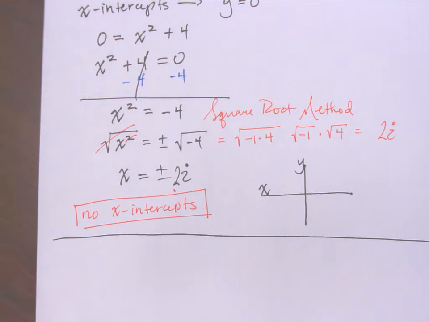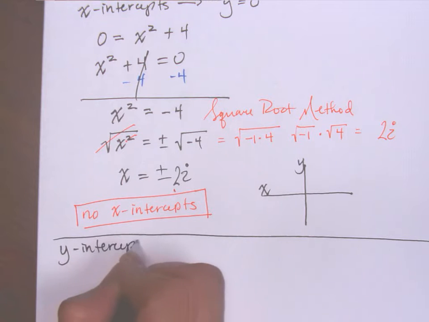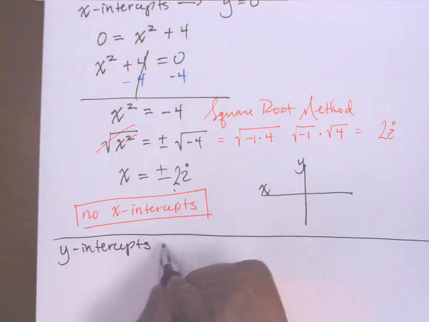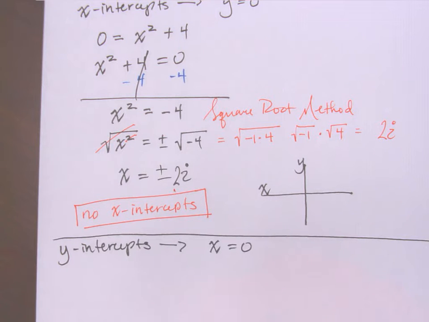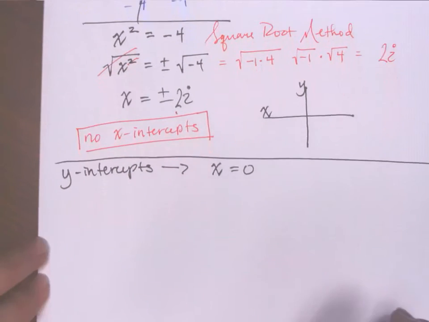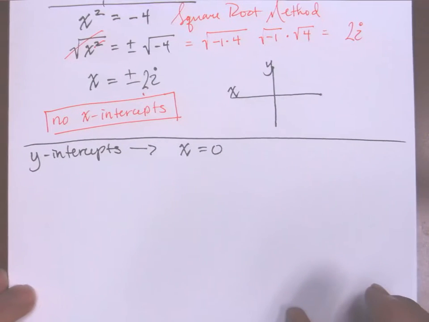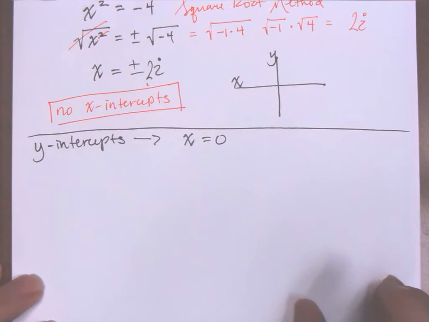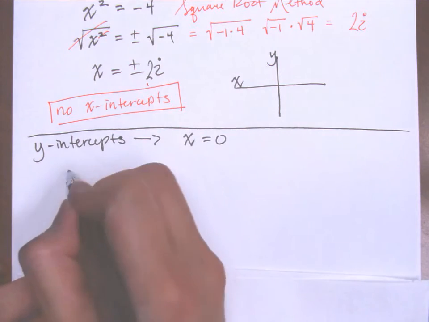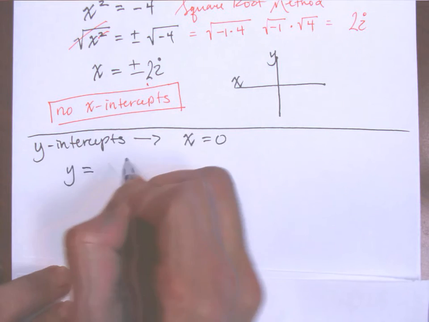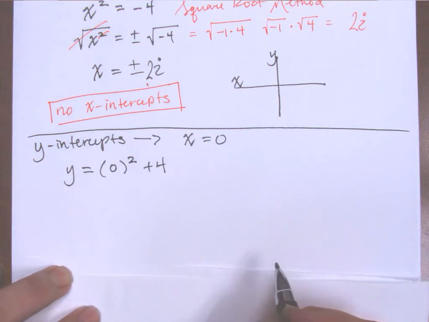Let's find the y-intercepts. And remember, for my y-intercepts, I want to take x and plug in 0 for that. So now my equation is y equals 0 squared plus 4.